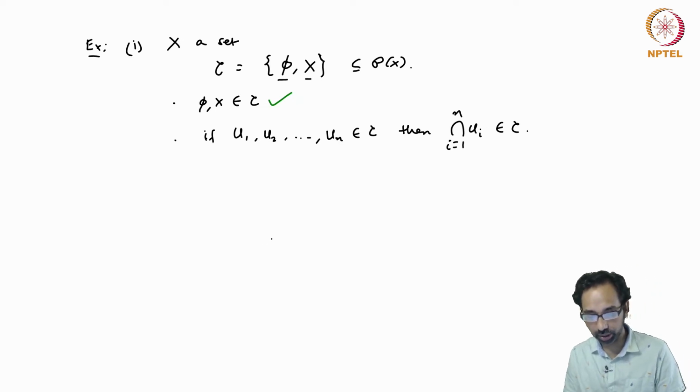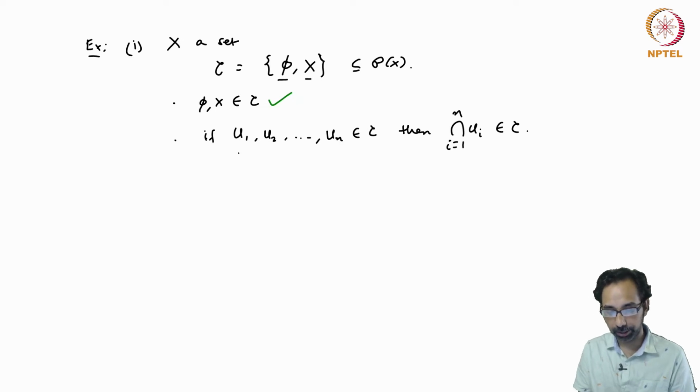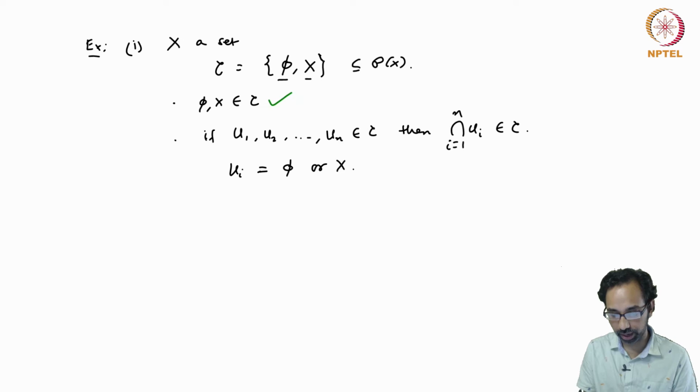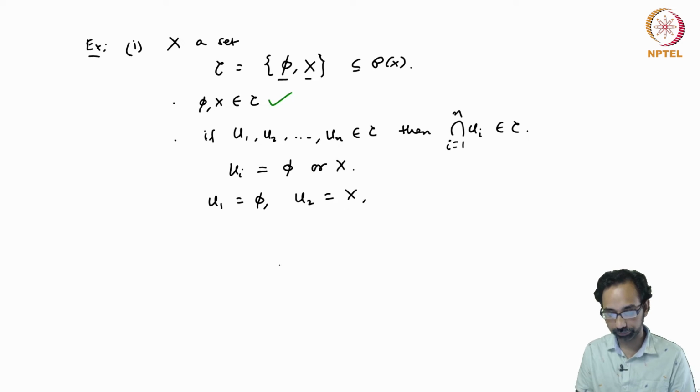Now let us see what are the possible options we have to choose these open sets. Of course, ui is equal to either phi or X. So for example, if u1 equals phi and u2 equals X, then u1 intersection u2 is empty and so belongs to tau.